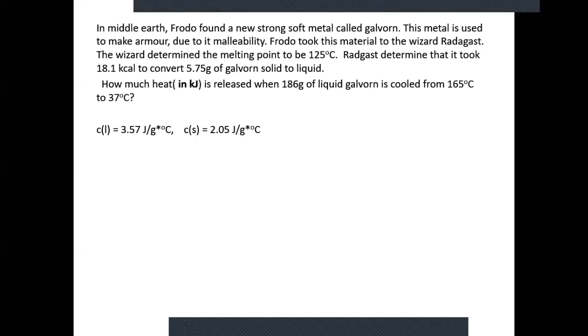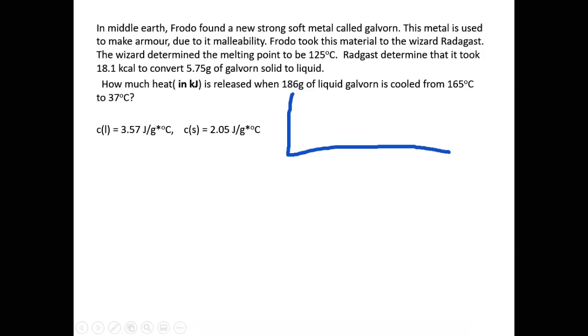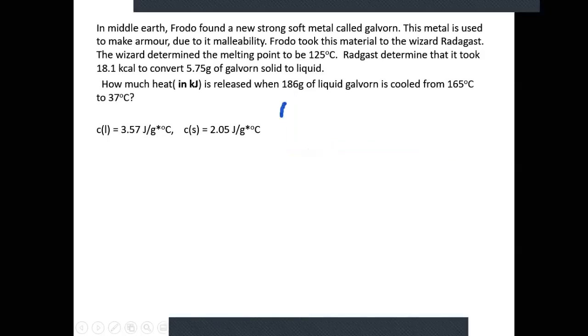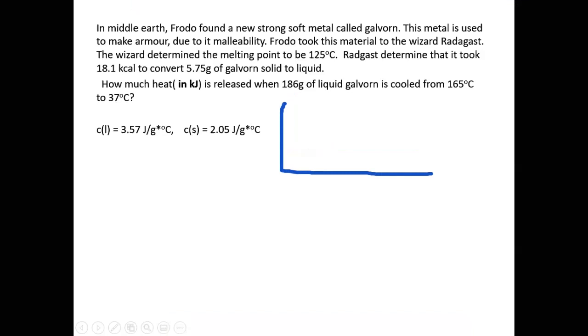So first we're going to draw a cooling curve. That's not a good cooling curve. So we're starting at 165 degrees Celsius. As we're cooling it, temperature decreases until we get to the first phase change, which is going to be 125.